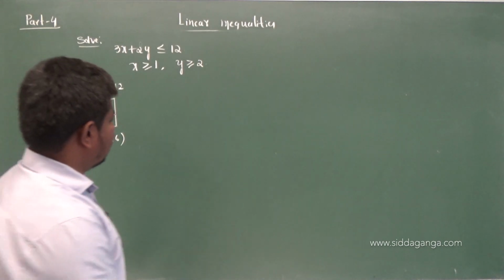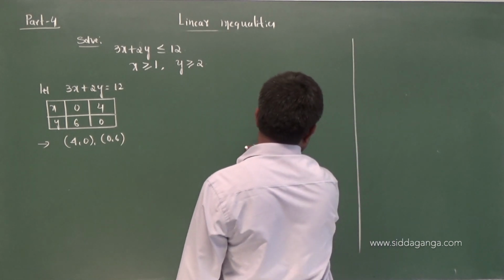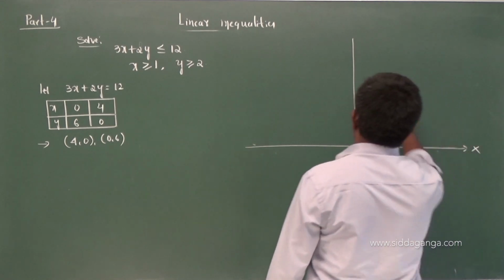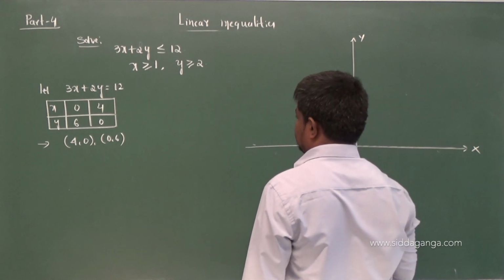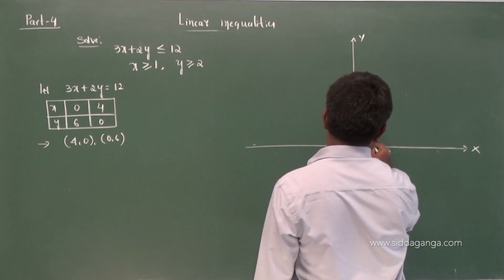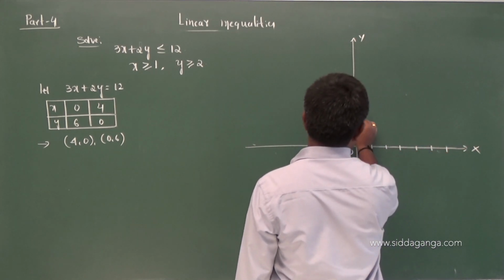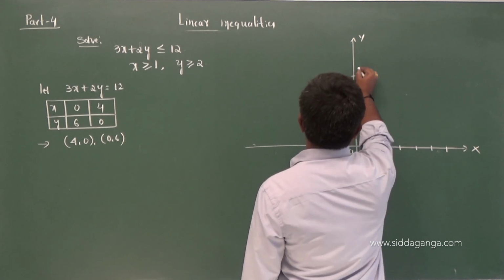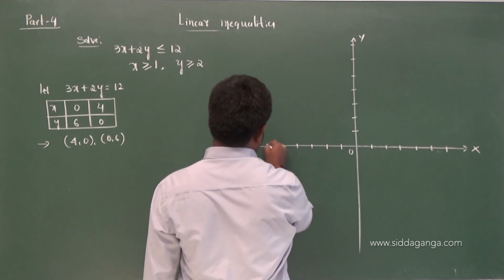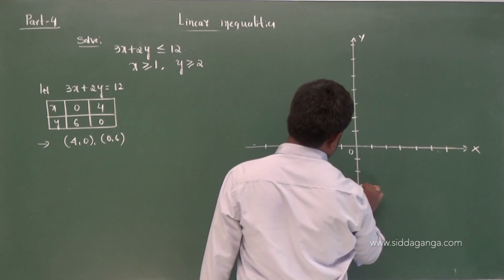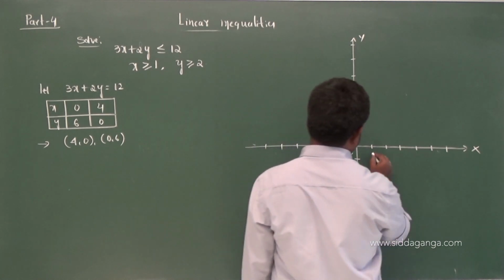x equal to 1 is a line parallel to the y axis, and y equal to 2 is a line parallel to the x axis. So this is a line passing through (0, 6) and (4, 0).